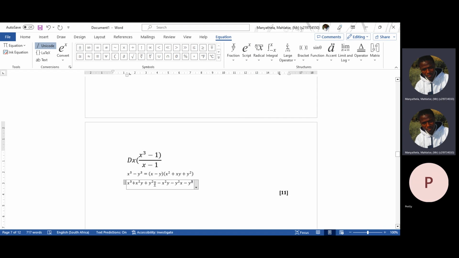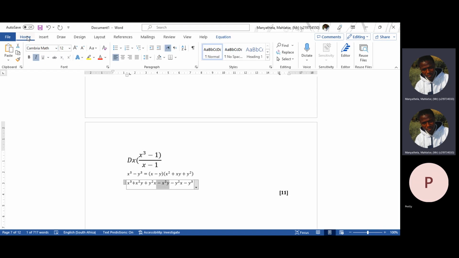So let's add the like terms. We have x squared y, and we have a negative x squared y, so they cancel. We have y squared x, which will cancel minus y squared x, because it's the same as saying 1 minus 1, which is 0.